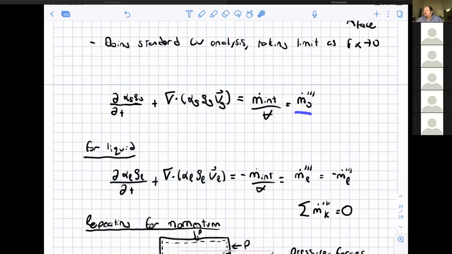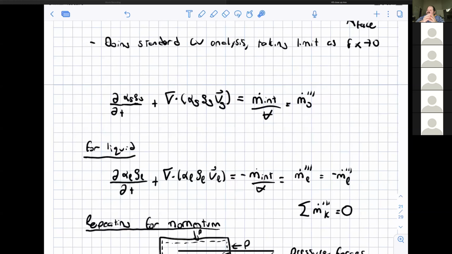I'm just going to call this m dot triple prime g. And again, I'm adopting heat transfer notation, where the triple prime means it's a quantity that is per unit volume. And so this here is actually representative of your phase change model.